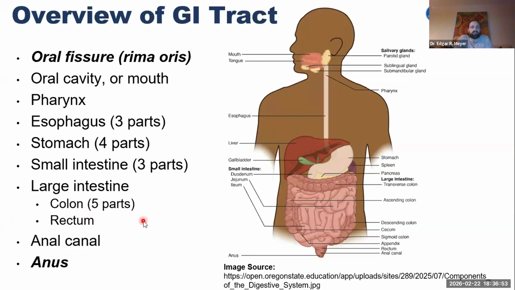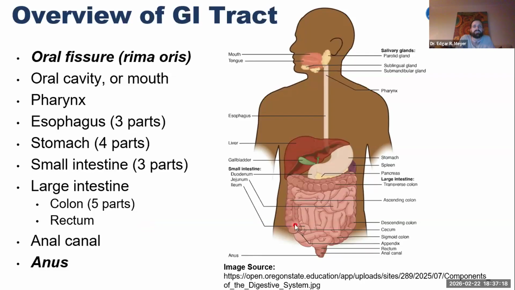But what would be our 5 parts of the colon? Okay, so we've got the ascending part, okay, and what comes before the ascending part? Okay, this region here.